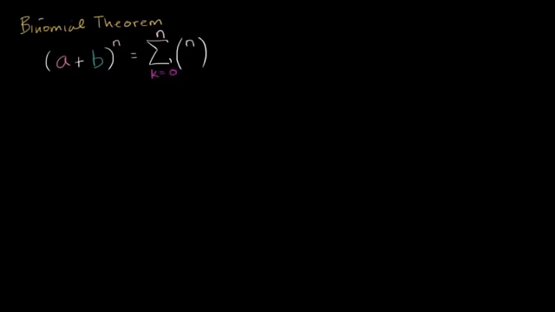N choose k, and we'll review that in a second. This comes straight out of combinatorics. N choose k times a to the n minus k, times b to the k power.